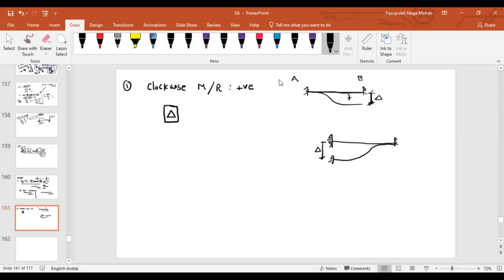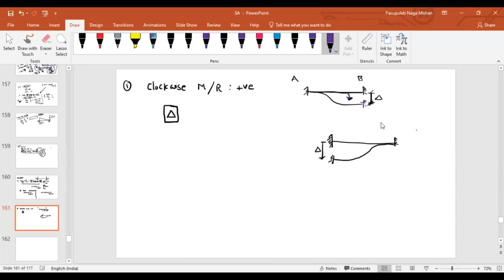Can I say somehow it has rotated in the clockwise direction? It's not exactly clockwise because at support A there is no rotation and at support B there is no rotation, but by visualization can I say that my beam AB has rotated in clockwise? Can I say it?